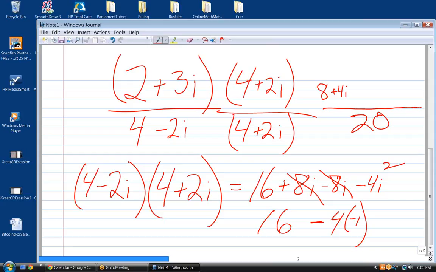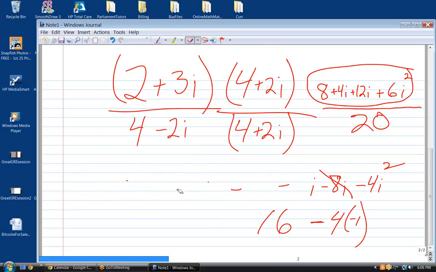The O stands for outside, 2 times 2i. The I stands for inside, so let's do the inside next. What's 3i times 4? 12i. Now the last. What is the last? The last one is 3i times 2i, so it'd be 6i squared. Now simplify that.